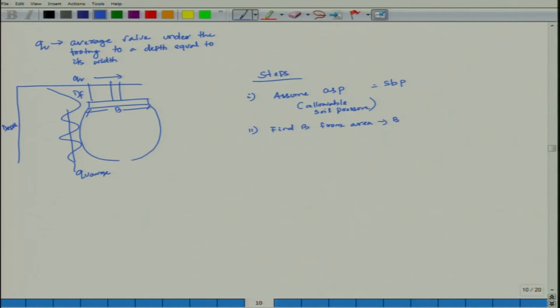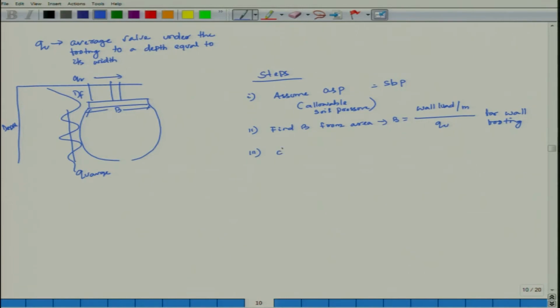That means B is equal to wall load per meter divided by QU for a wall footing.